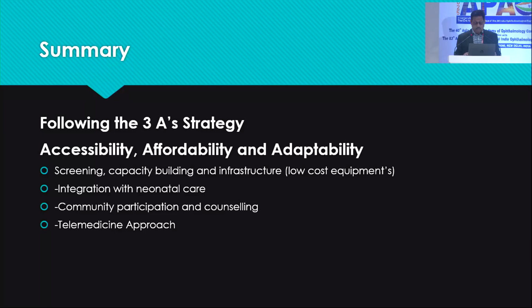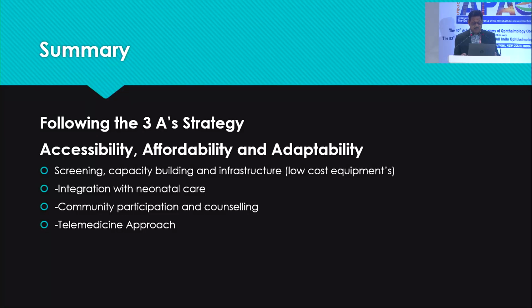So in summary, the 3A strategies: accessibility, affordability, and adaptability. We have to have good screening tools, capacity building, and low-cost equipment, and integration with neonatal care is very important because without them, it will be incomplete.